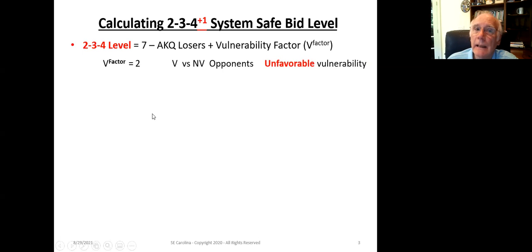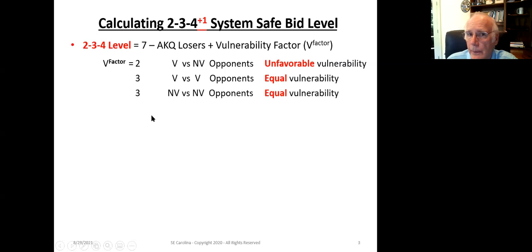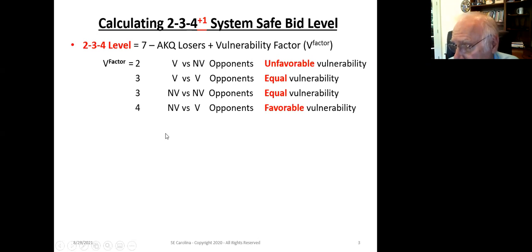With unfavorable vulnerability, that's where we have the greatest risk in terms of penalties and being set, the V factor is 2. With equal vulnerability, the V factor is 3. And with favorable vulnerability, where we have the least risk, it's 4.